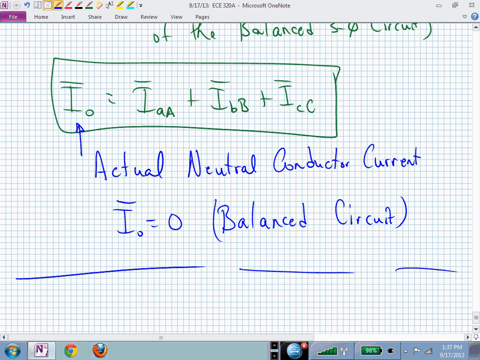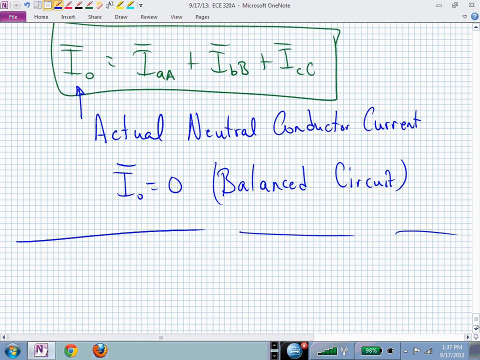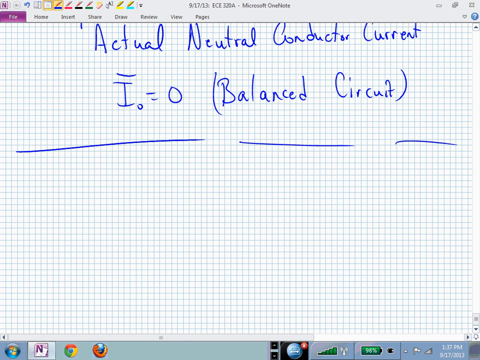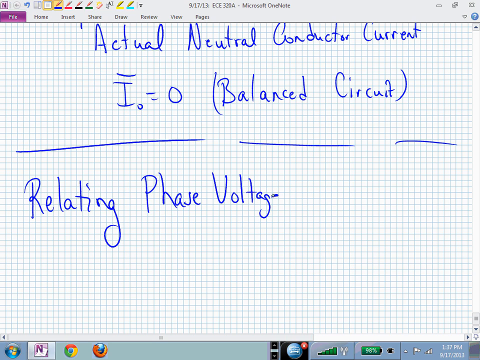Can we find a relationship between those two so that if somebody gives us one, we can immediately conclude what the other one is in a balanced configuration? Let's now look at relating those two voltages, the phase voltages to line voltages.